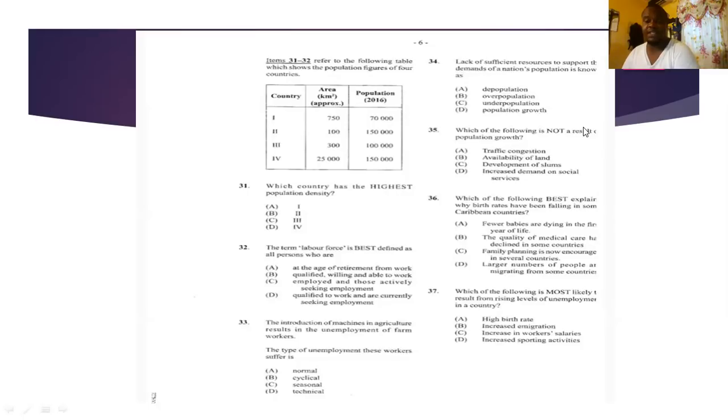Sporting activities, increase in workers' salaries, not related. High birth rate, well, people will say if persons are unemployed, then there is nothing else for them to do than to make babies. But that's not the answer. You're going to have an increase in emigration. That is emigration, persons leaving to go somewhere else to live and to work.